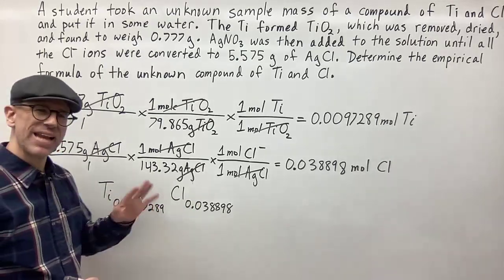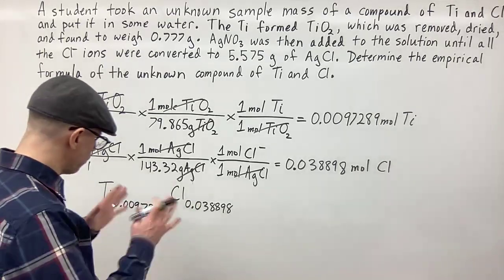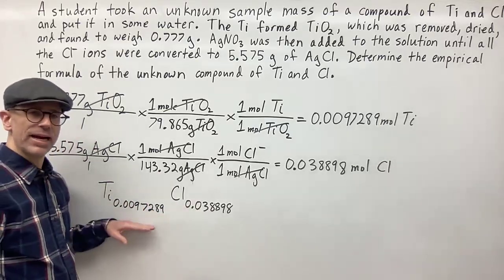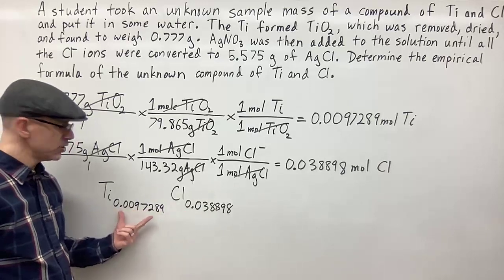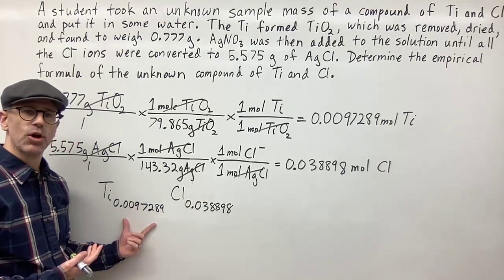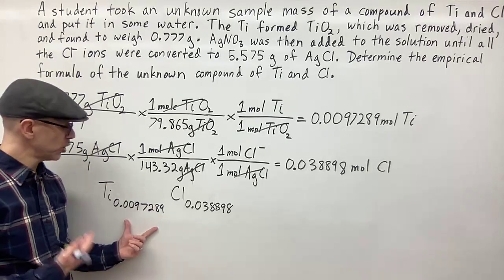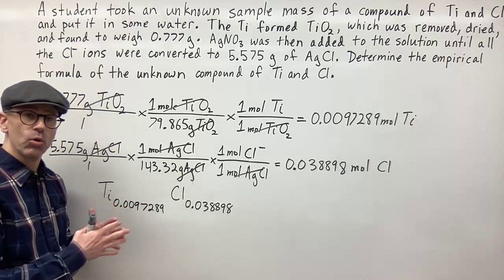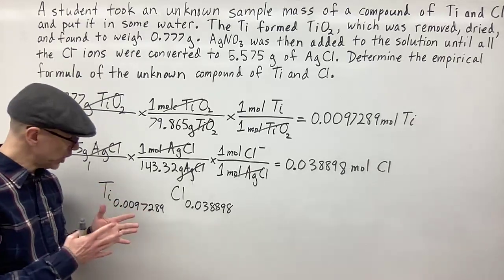If you round, you might not get that nice number. So now that I have this written as subscripts, these are obviously ugly subscripts. You don't have these types of subscripts in your empirical formula because in your empirical formula it's supposed to be 1 to something or the smallest whole number ratio.